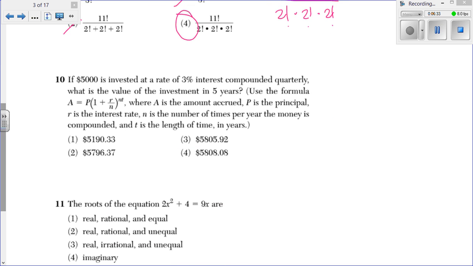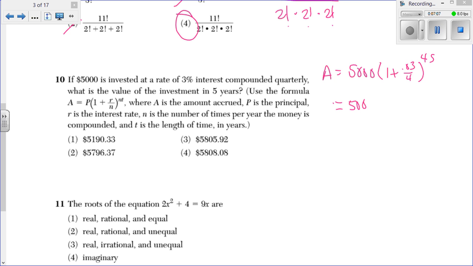Number 10, if $5,000 is invested at a rate of 3% interest compounded quarterly, which would give the n as 4, what is the value of the investment after 5 years? Use the formula. P is 5,000, and A is what I'm looking for. 1 plus r is 0.03 divided by 4, raised to the 4 times 5.